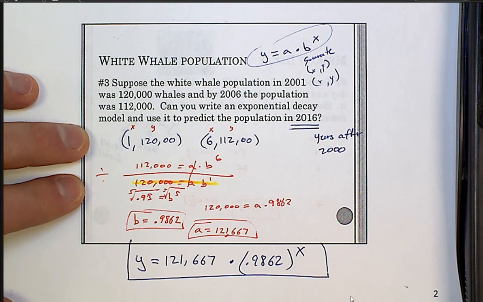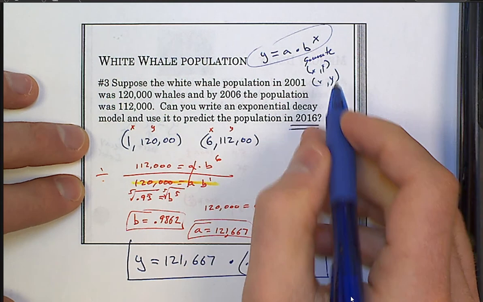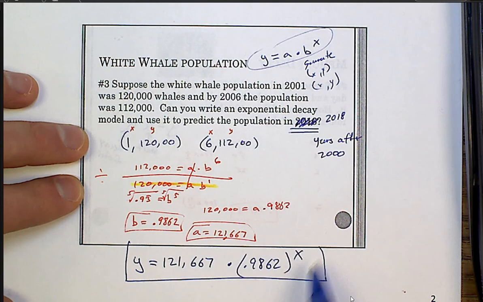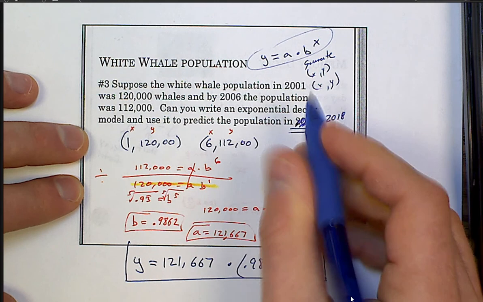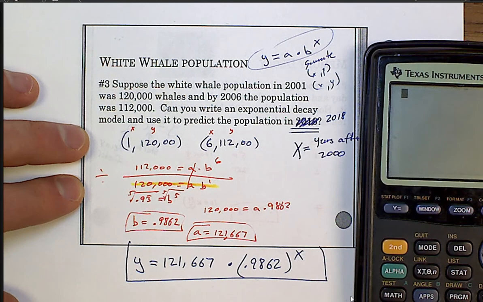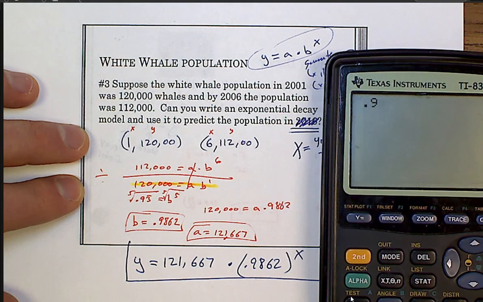And it says, can you make a prediction? Let's go 2018, since that's the current year we're in. So all we would do, because x is basically representing years after 2000, we would plug an 18 in right here. So we'd go 0.9862, raise that to the 18th power, hit equals, and we'll times that by 121,667.